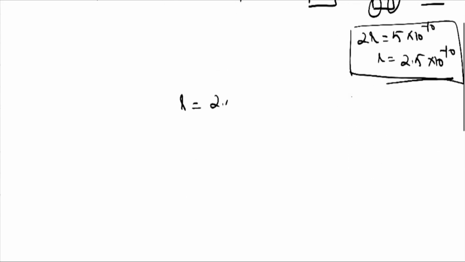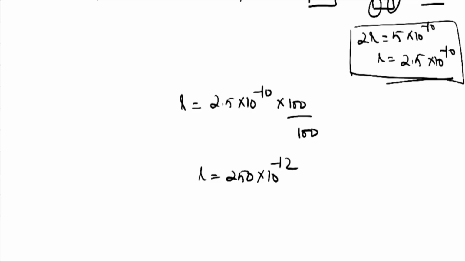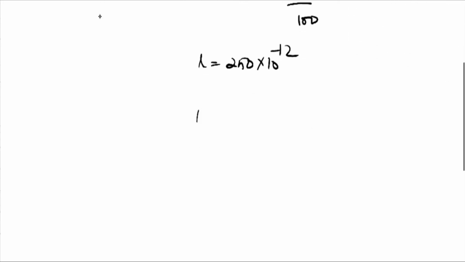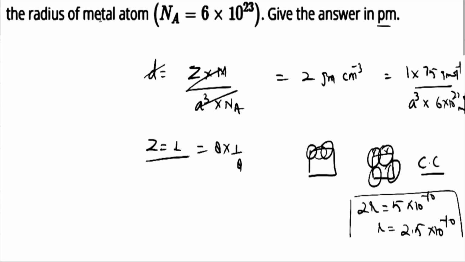If we multiply by 100 and divide by 100, then R is equal to 250 into 10 raised to the power minus 12. So R is equal to 250 picometer. This 250 is your answer.